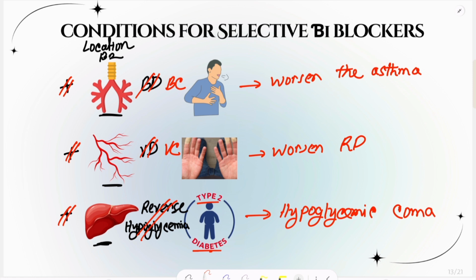So if we want to give a beta blocker to a patient with asthma or Raynaud's disease or type 2 diabetes mellitus, we must give selective beta 1 blockers. We cannot use a non-selective beta blocker in these patients. So selective beta 1 blocker has only cardiac indication, and non-selective beta blocker has other uses also, but is contraindicated in patients with asthma, peripheral vascular disease like Raynaud's disease, and diabetes mellitus.